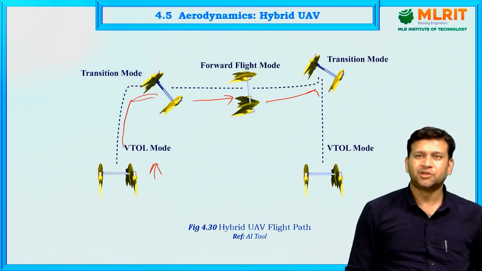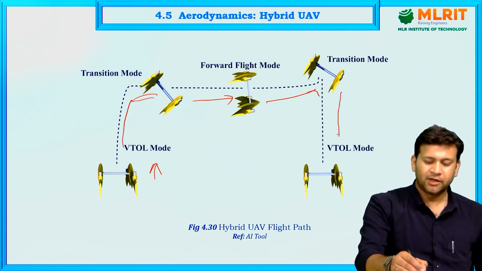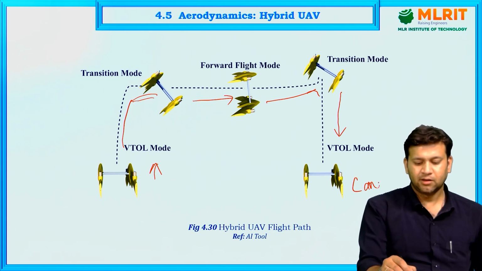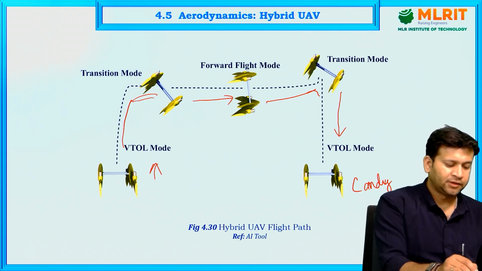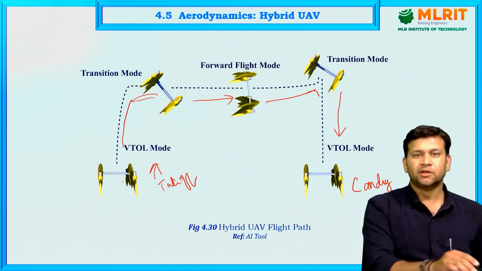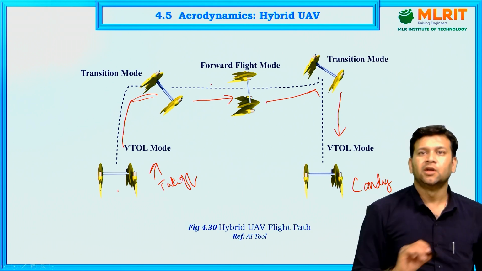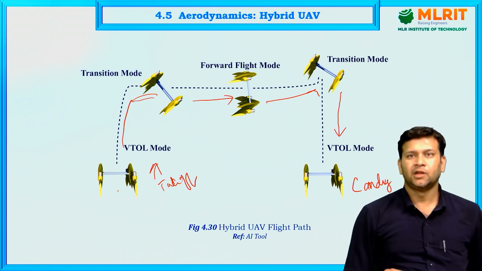It will transition, and then it will descend down in VTOL mode, vertical descent mode. Here it is landing. This is takeoff. In both cases, this is vertical takeoff and this is vertical landing. Only the cruise is horizontal, level cruise.